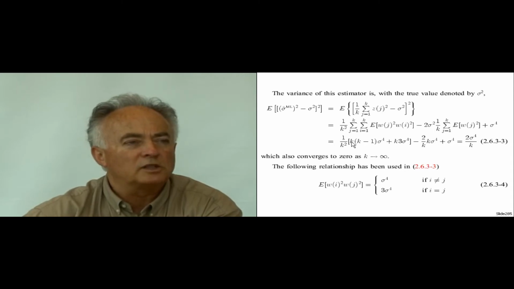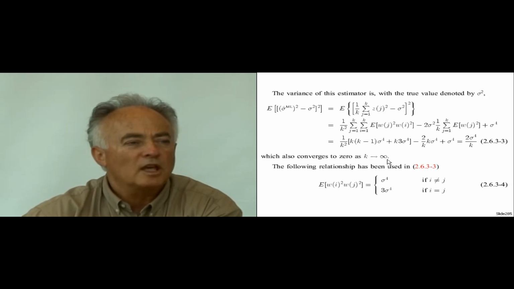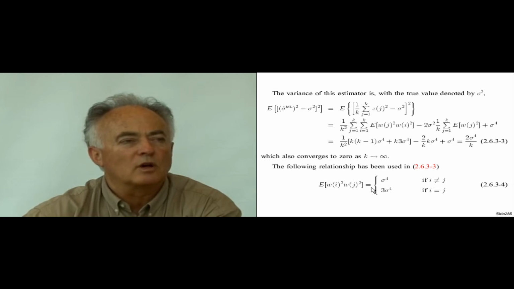So, carrying out the algebra here, the result is 2 sigma to the fourth over k. The first observation is this also converges to 0 as k goes to infinity. And here is what we used: this is 3 sigma to the fourth, and this is just sigma to the fourth.